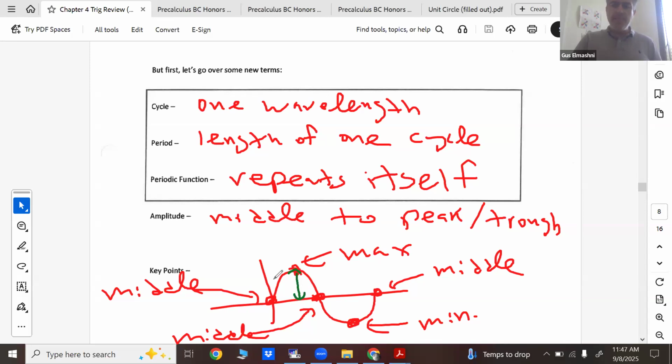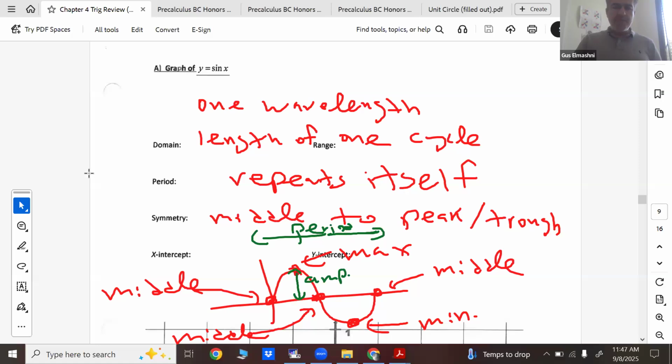What do you call that green line? Amplitude, perfect. Good, okay. What do I call this right here? The period, right? Okay, any questions? All right.